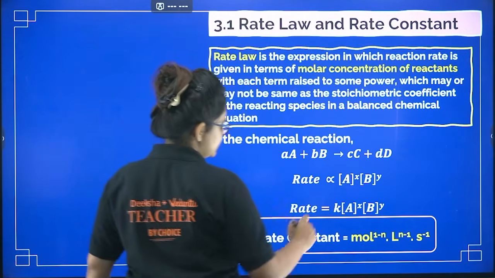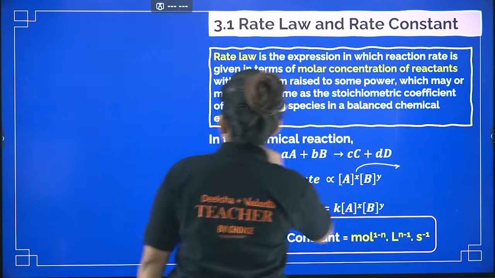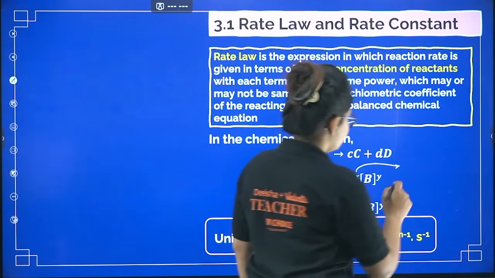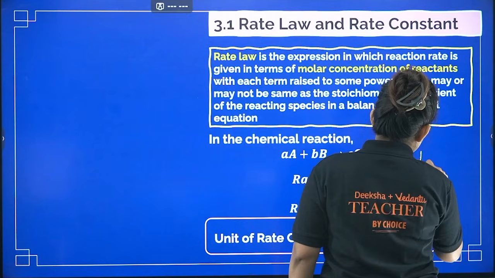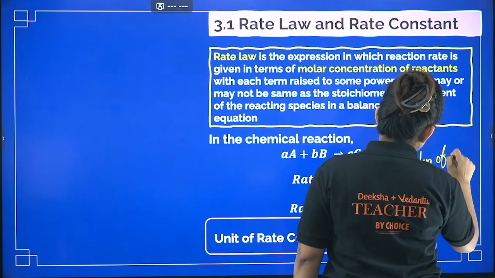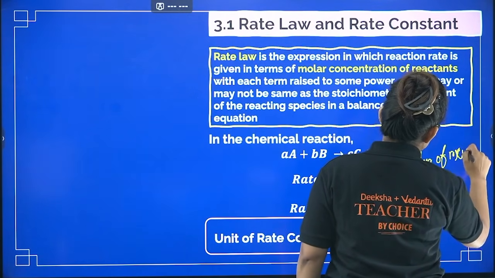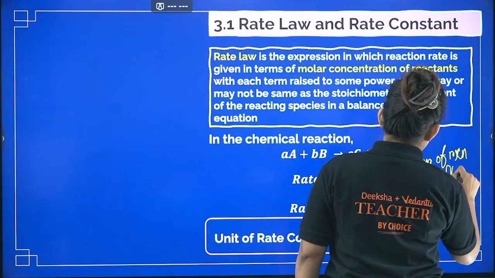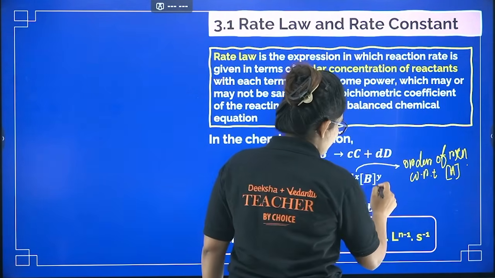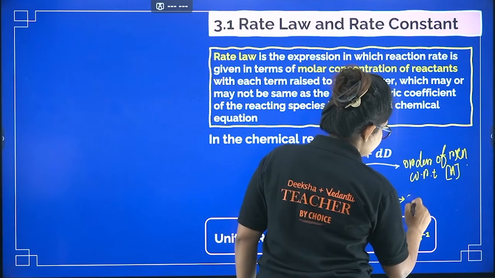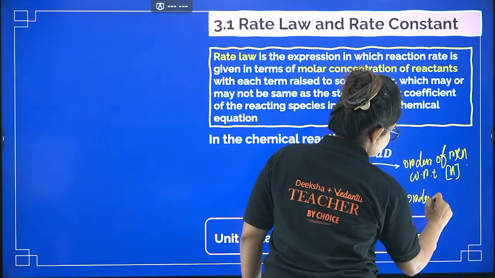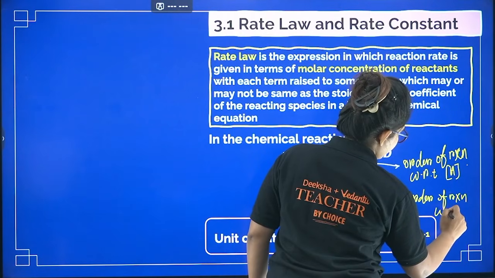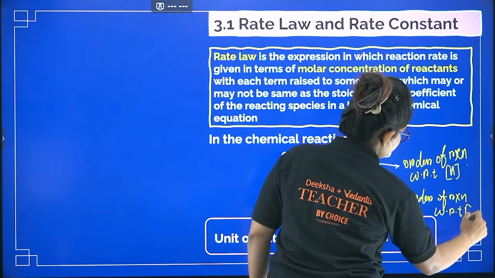X is basically the order of reaction with respect to A. And y is basically the order of reaction with respect to B.